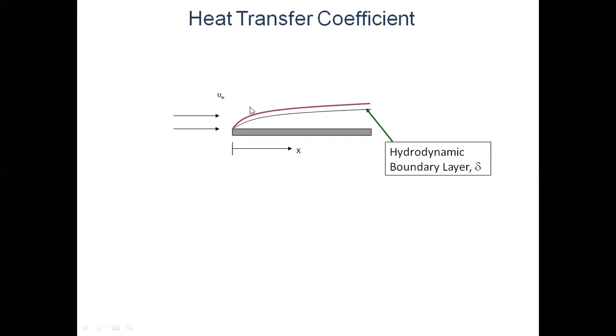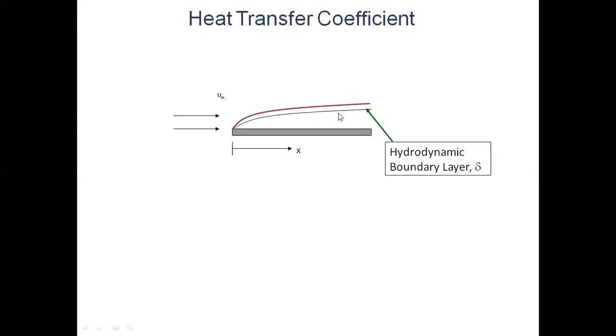As the flow hits the surface, near the surface, flow velocity varies. Away from the surface at some distance, the velocity will be equal to the bulk velocity, that is u infinity. The line that separates the bulk flow from the layer that adheres to the surface is known as the boundary layer.